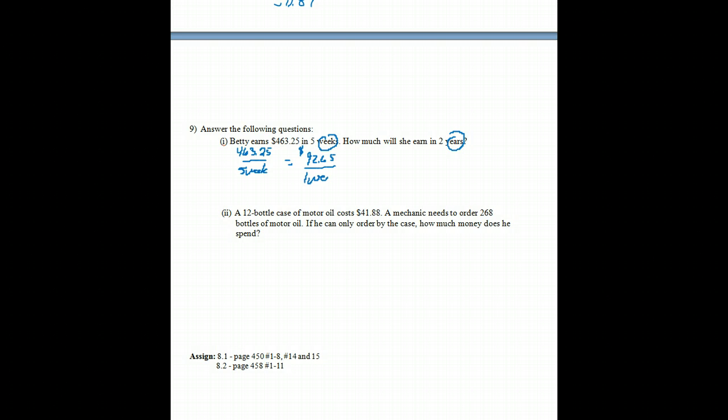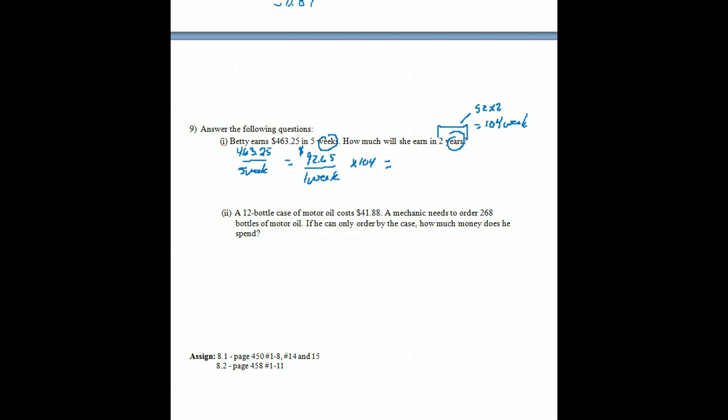Now we're going to make a comparison because we're asking how much would she earn in 2 years. Well, we know that in 1 year there's 52 weeks. So in 2 years there has to be 104 weeks. So now we have a cost per week. We know that 104 weeks are going to pass.